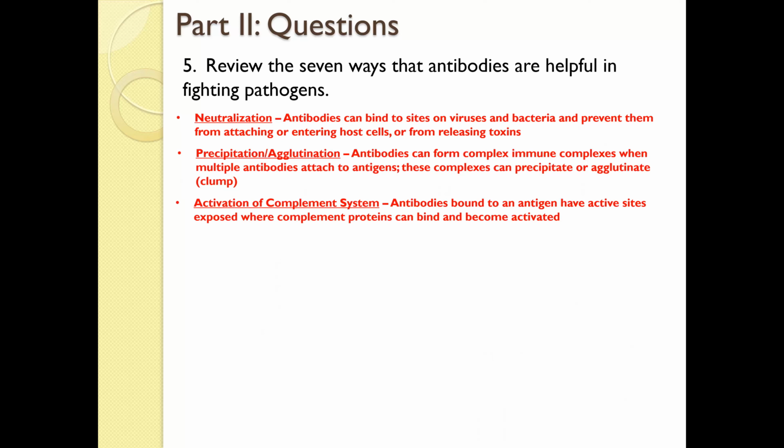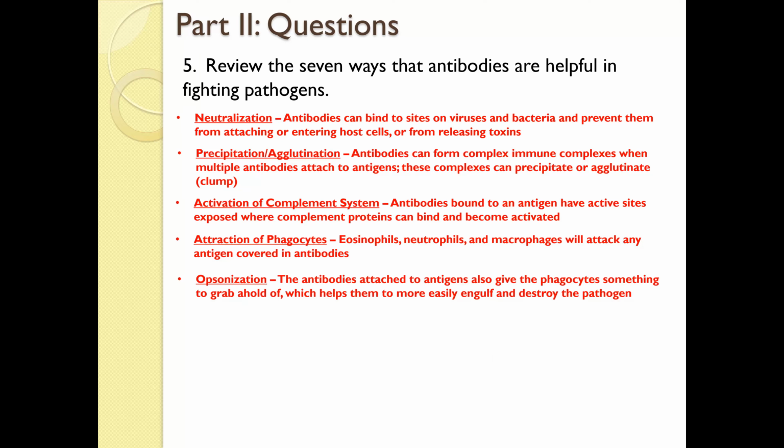You also have activation of the complement system. So antibodies bound to an antigen have active sites exposed where complement proteins can bind and become activated. You get the attraction of phagocytes. So eosinophils, neutrophils, and macrophages will all attack any antigen that is covered in antibodies.